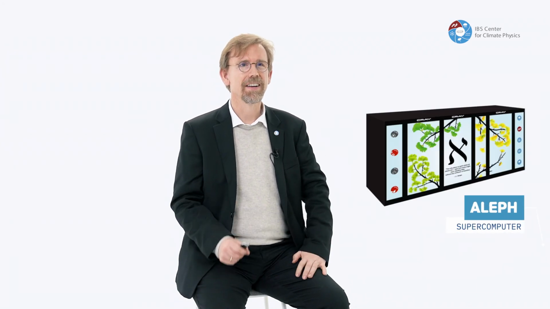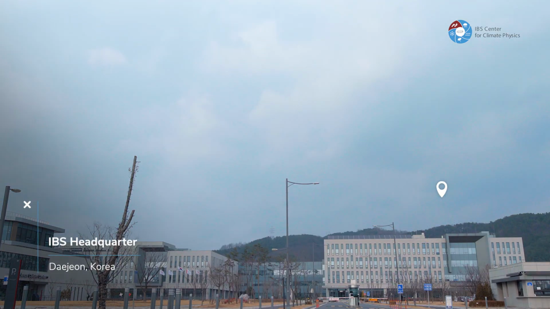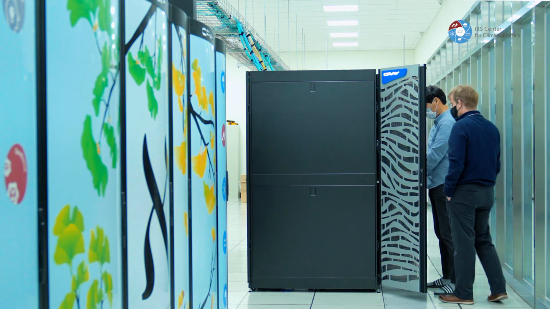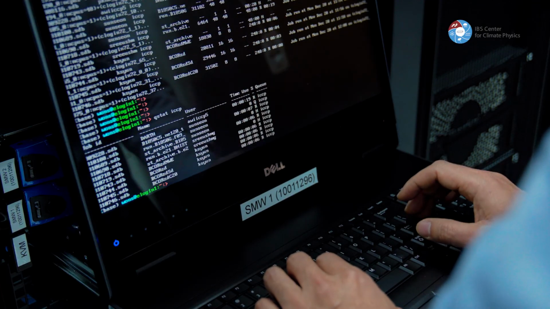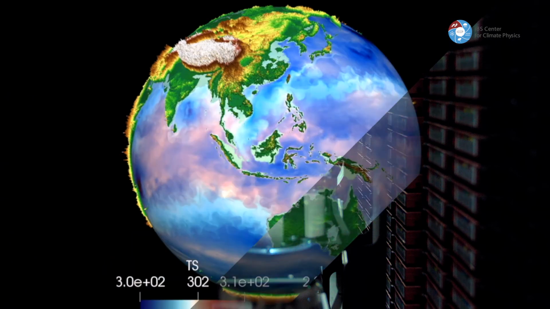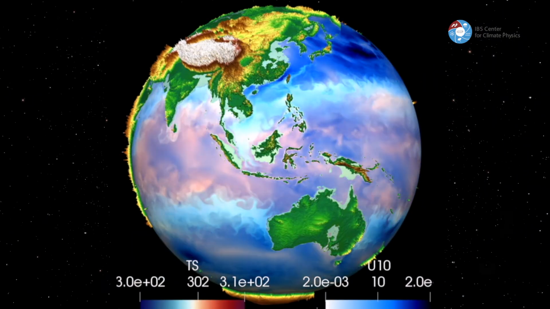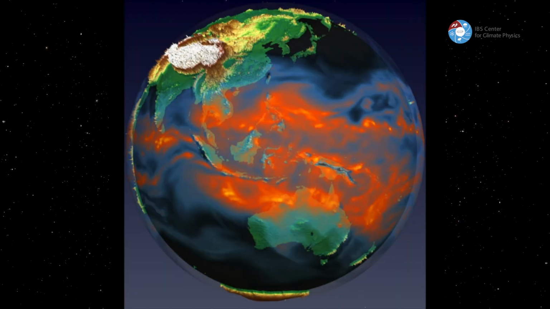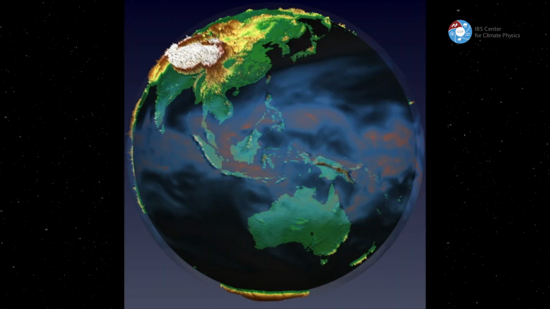Our supercomputer, which is called Aleph, and which is located at the IBS headquarters in Daejeon, is one of the fastest academic computers in Korea. 85% of Aleph is allocated for our center, and we use Aleph extensively for a wide range of new simulations, including some of the highest resolution global warming simulations, a 100-member large ensemble simulation, a transient Pleistocene simulation, and many other numerical experiments.